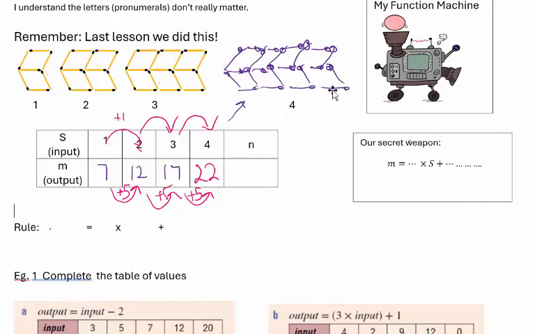1, 2, 3, 4, 5, 6, 7, 8, 9, 10, 11, 12, 13, 14, 15, 16, 17, 18, 19, 20, 21, 22. Look at that. So in today's lesson, we were learning that the secret to doing these tables of values is this is going to be my output.